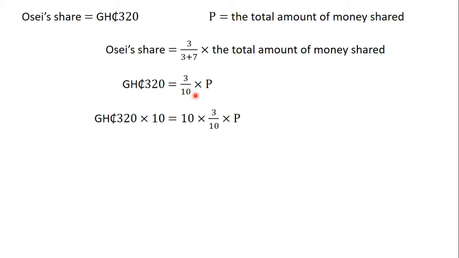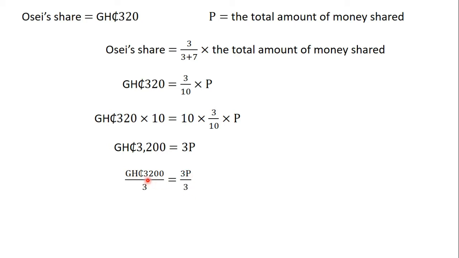So you multiply the left-hand side by 10 and the right-hand side by 10. 10 and 10 will cancel out. So you have 320 Ghana cedis times 10, which gives 3,200 Ghana cedis, and 3 times P, which gives 3P. Let's find P by dividing the left-hand side by 3 and the right-hand side by 3.